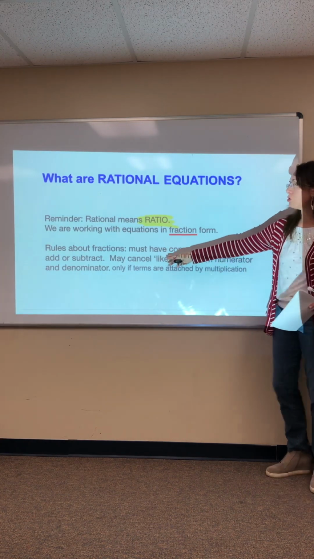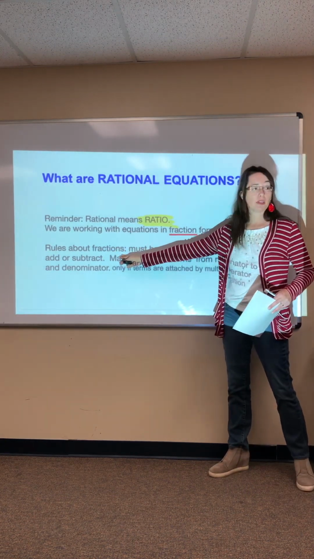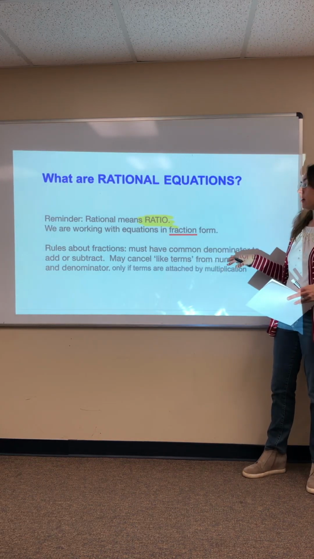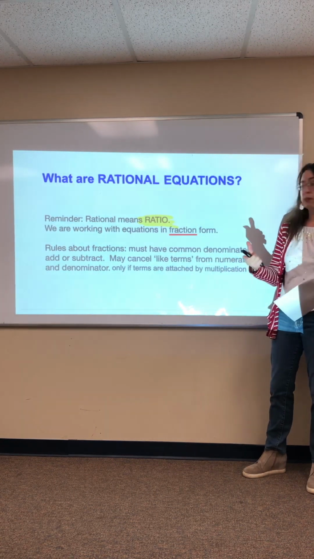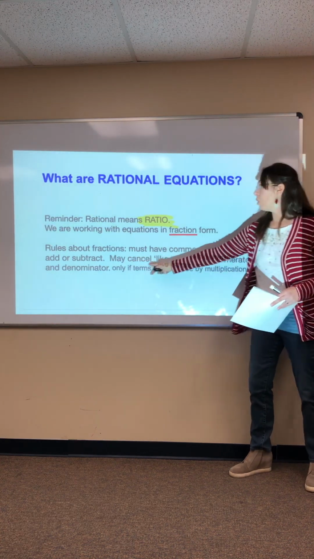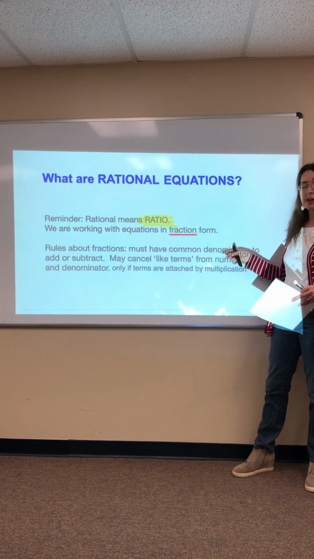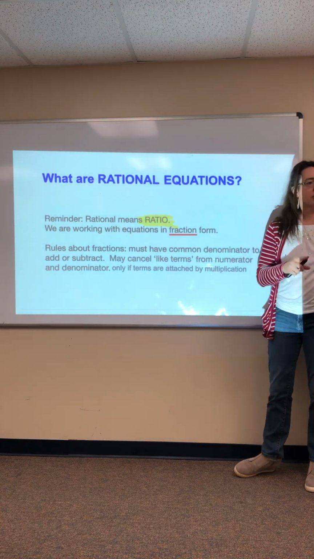Again, the rules about fractions: it doesn't matter what's in the fraction, it always remains the same. Fractions always have to have a common denominator if we're going to add or subtract them. You can only cancel like terms from the top and the bottom if they are attached by multiplication.